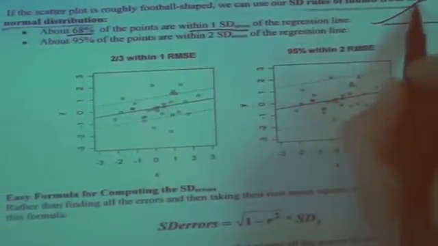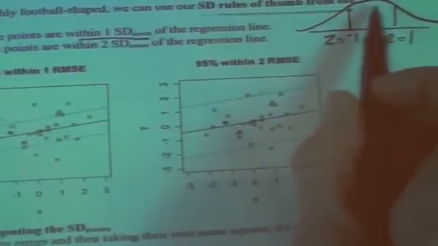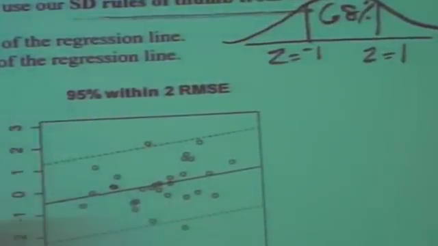Remember our normal curve? Between z equals -1 and z equals +1, what's the area between those two boundaries? 68%. And look at this rule, 95%.